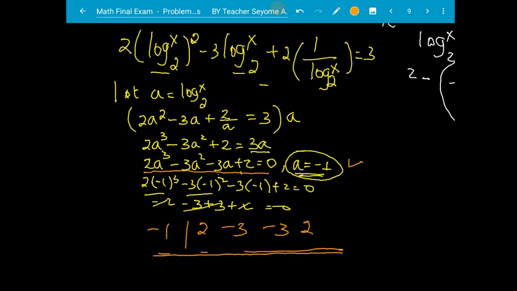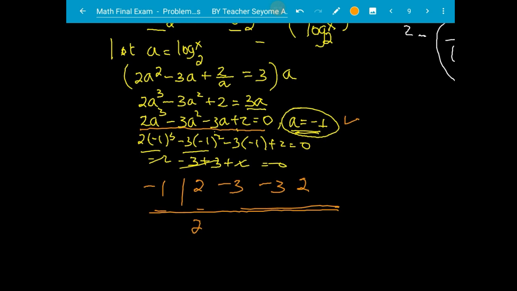The first step, write the number itself, then 2 times minus 1, which is minus 2. Minus 2 minus 3 is minus 5, minus 5 times minus 1 is 5. Adding, you get 2. 2 times minus 1 is minus 2, and the remainder is 0, because minus 1 is one of the zeros. The other numbers are the coefficients of the quotient.